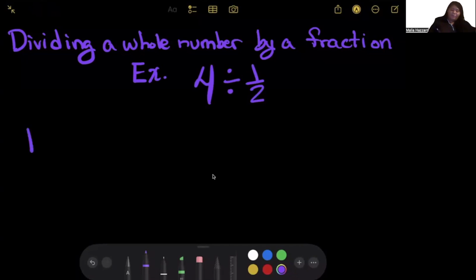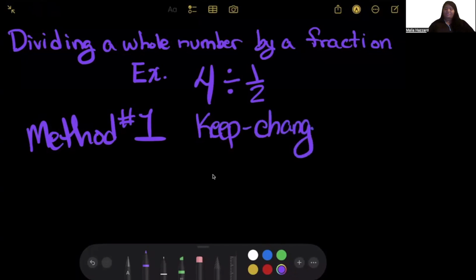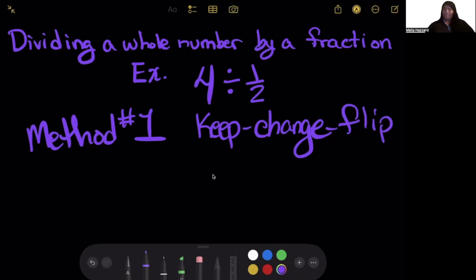So method number 1, we are going to do what they call keep, change, flip. Okay. So with keep, change, flip, that means I'm going to keep my first number, which is 4.